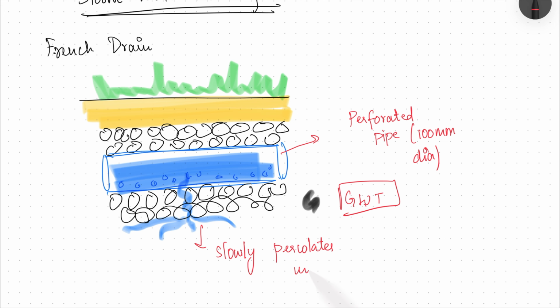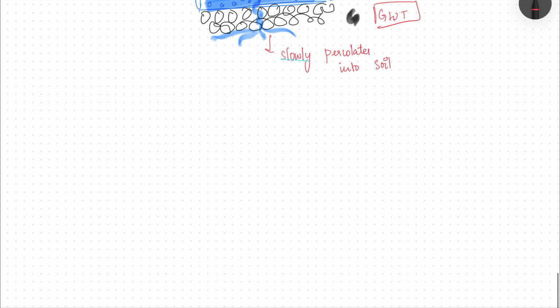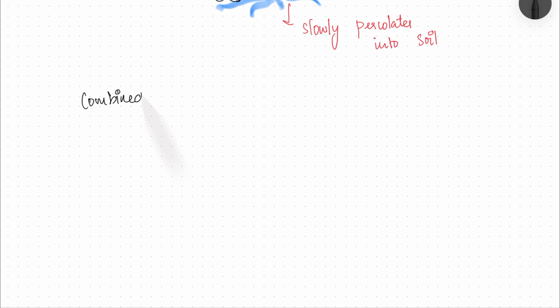Now, about the different types of stormwater drainage systems. So there are two types. One is the combined sewer system, and the other is the separated sewer system.